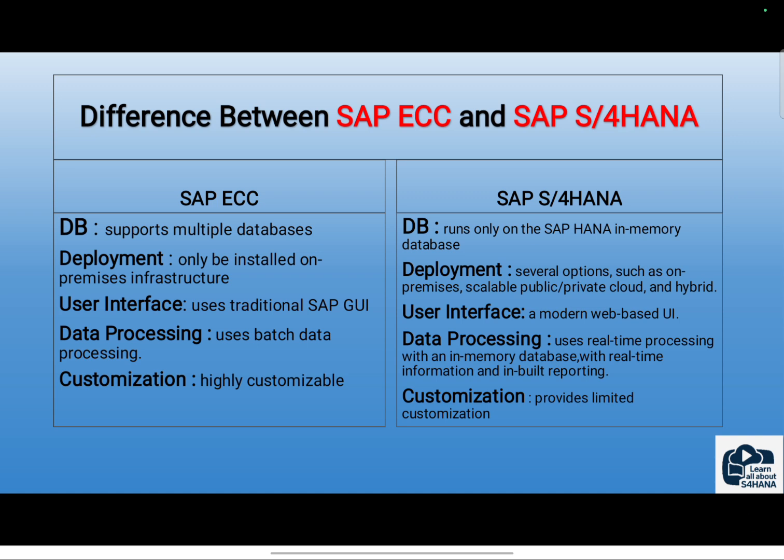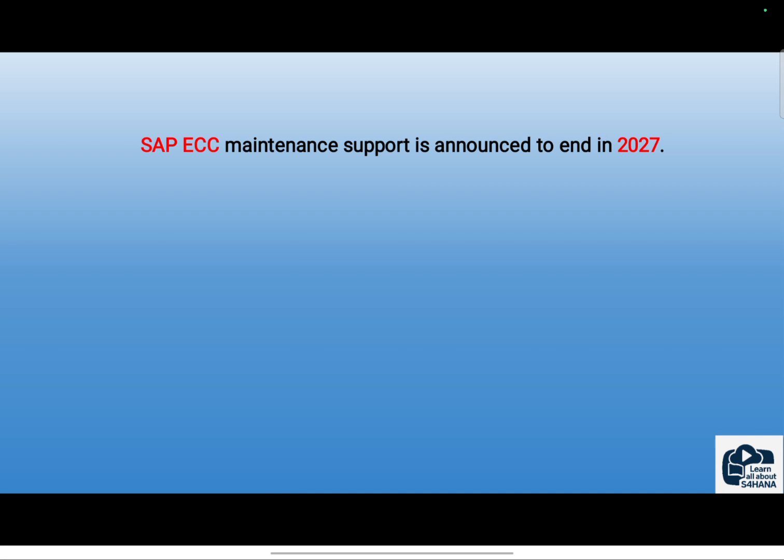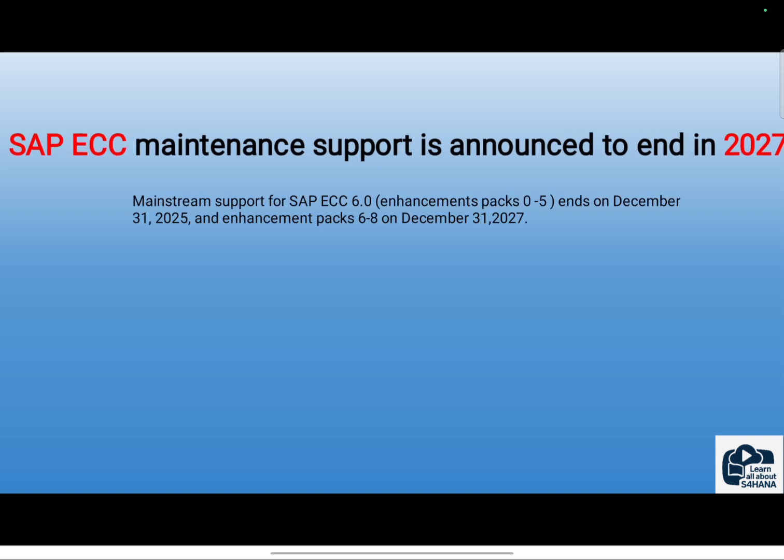Next, we come to the main part: SAP ECC maintenance support is announced to end in 2027. So what does it mean? The mainstream support for SAP ECC enhancement packs 0 to 5 ends on December 31st, 2025, and enhancement packs 6 to 8 come to an end on December 31st, 2027.